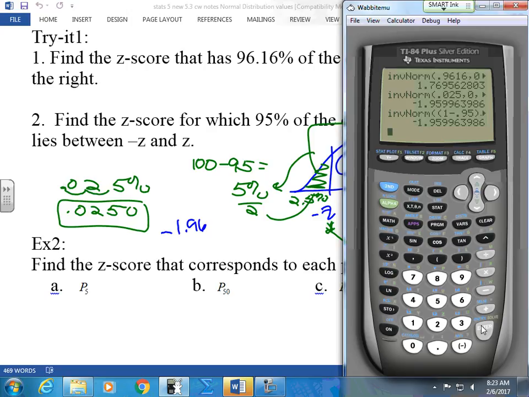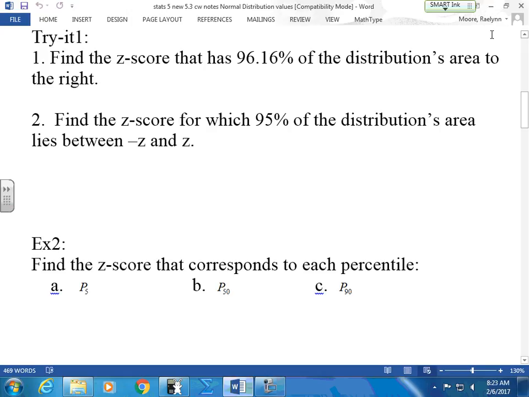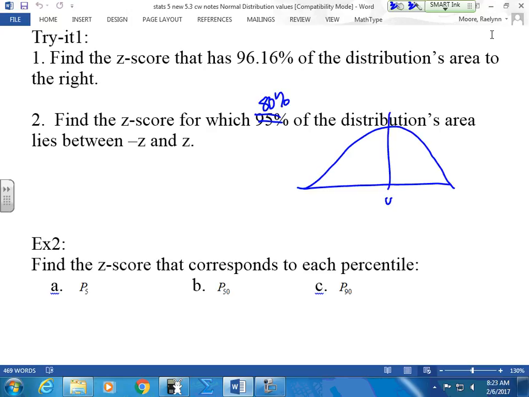This is the trickier one. All right, let's try another one of these. Let's say I want the z-score for which 80% of my distribution falls between negative z and positive z. So again, here's my curve, it's symmetric.